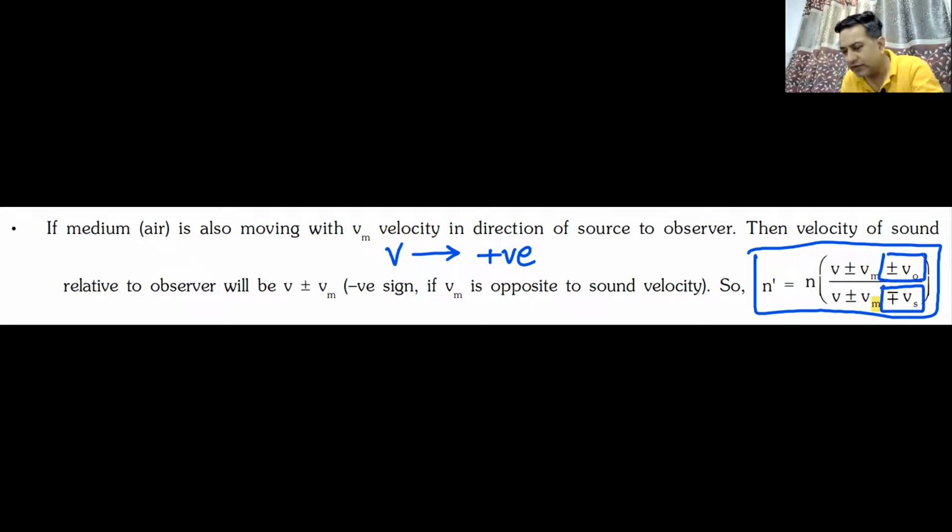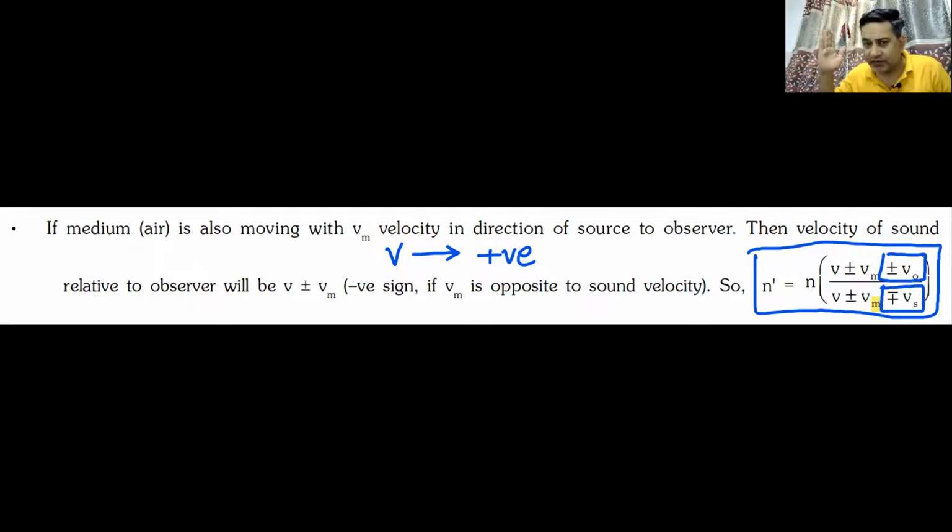Will the source always move in the direction of sound or not? If the source is moving in the opposite direction to the direction of sound, when will that happen?